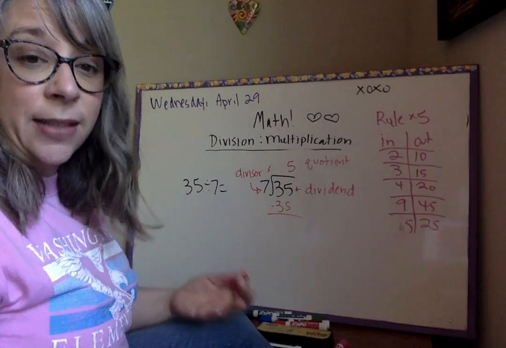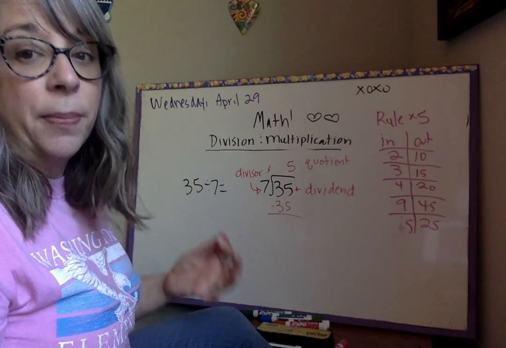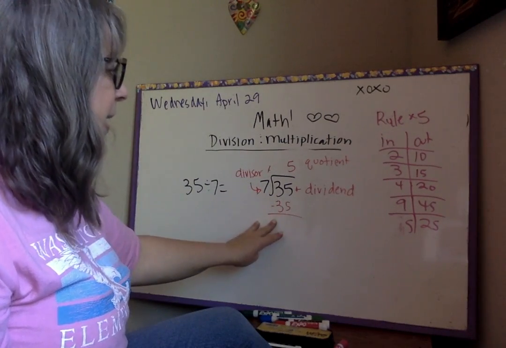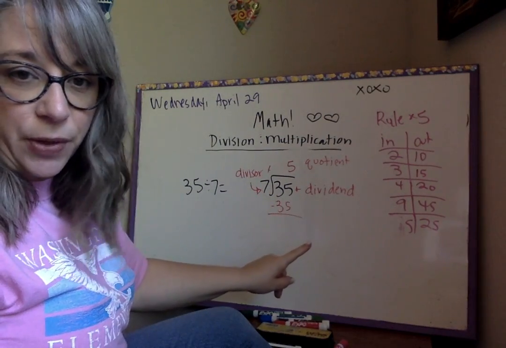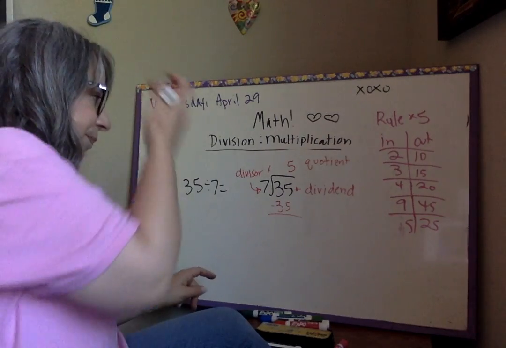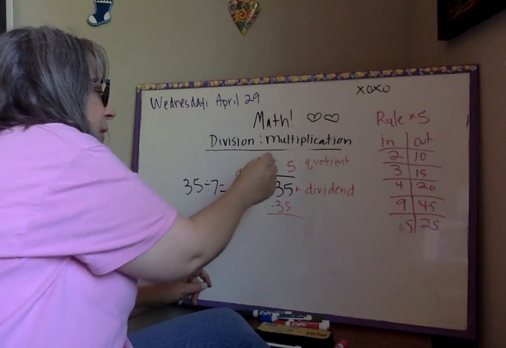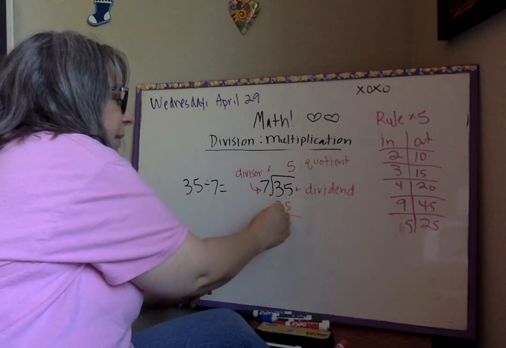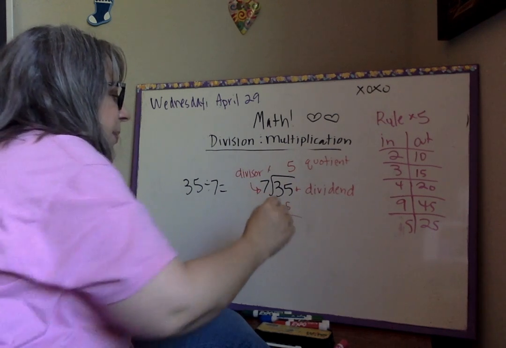Okay, and remember you need to line things up. Keep it nice and neat. That's all I'm going to say about that right now because I don't want to get ahead of myself. So 5 times 7 is 35, and you're going to subtract 5 minus 5 and 3 minus 3.